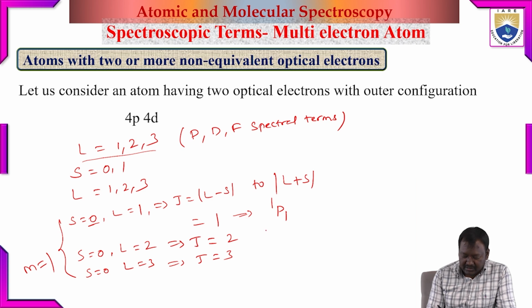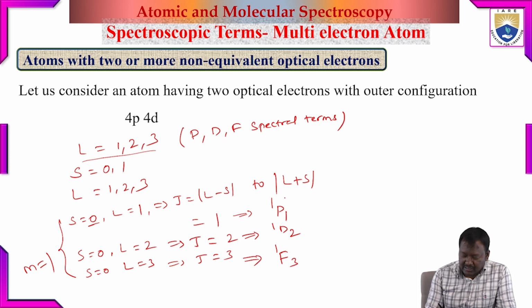For L equal to 2, that means D, and J value is 2. For L equal to 3, that means F, and J value is 3.